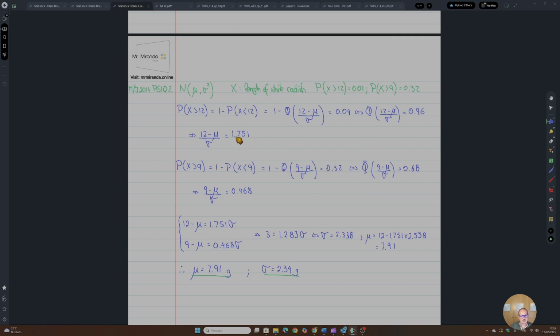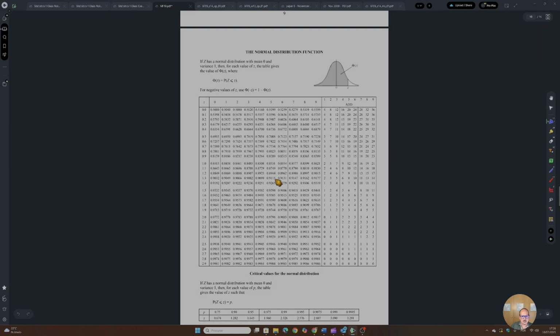Okay, no, I got 1.751. Let me see again. 0.96. Of course, it's over here. 0.9599, so you just need to add 0.0001. So we are basically looking at 1.751. 1.751, that's what I wrote over there.